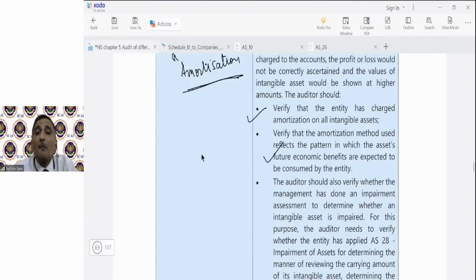And again, impairment analysis, like in case of PPE, where the net carrying amount is more than the recoverable amount. So all those things are similar to PPE, but only the terminology is different. In case of PPE, we use the term depreciation, and in case of intangible assets, we use the term amortization. And many of the requirements are similar.